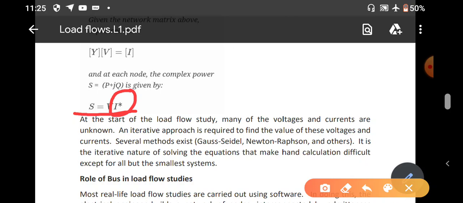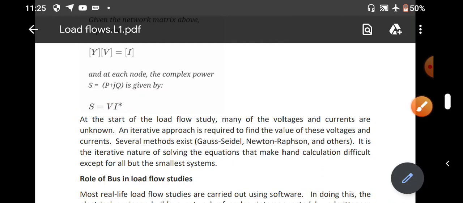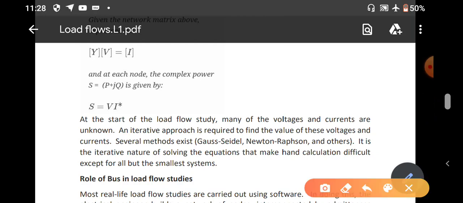And you may think why it is so, why not VI, why we are taking complex conjugate of I here. It can be explained by the following method, so that you can know why the complex conjugate of I is taken while calculating the complex power.